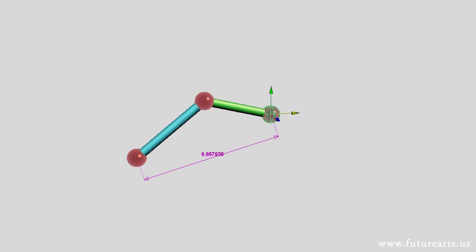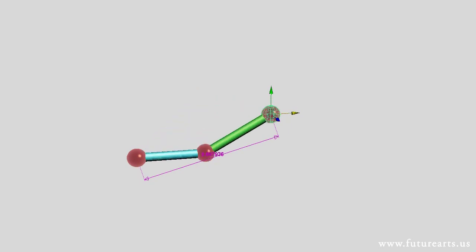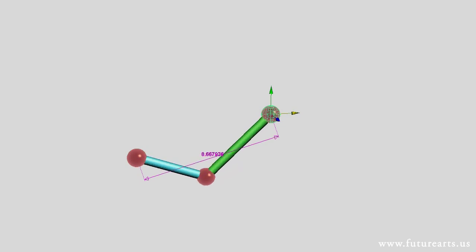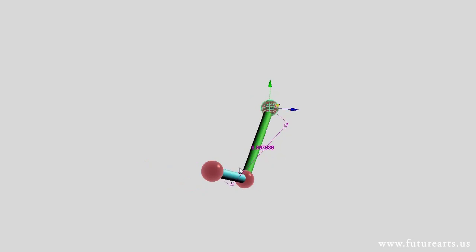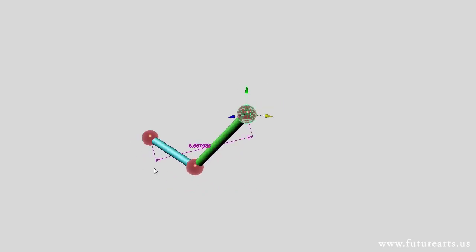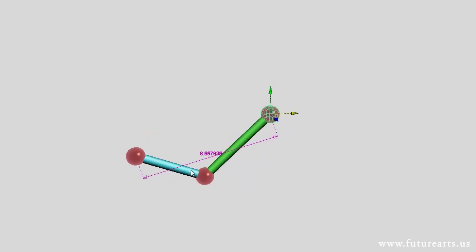To further prove the point, let's break this edge. And let's move the point down a little bit. There we go. These are now two complete edges. Of course, as soon as we did drop that vertex in, they were always two edges.